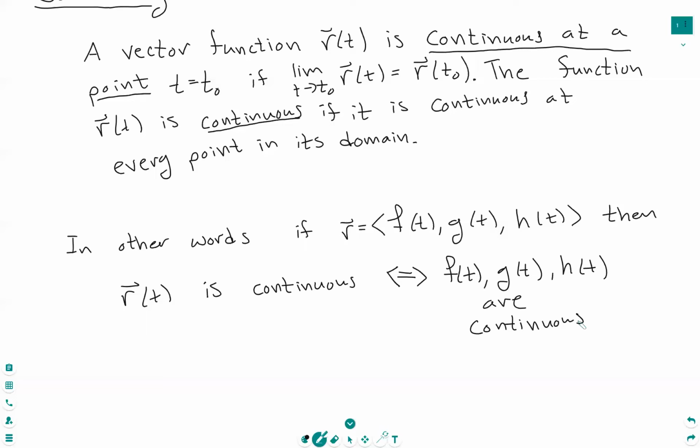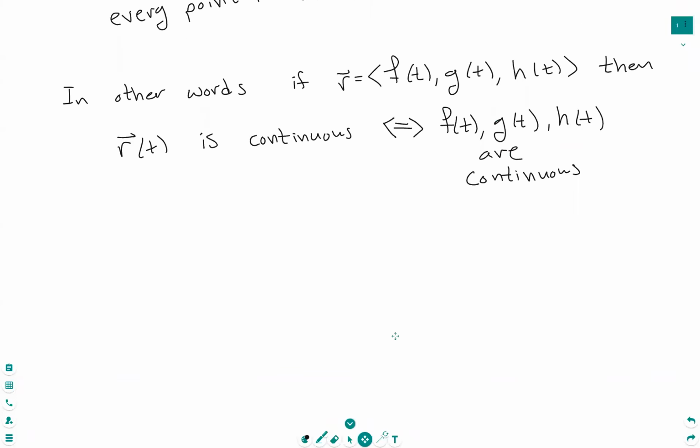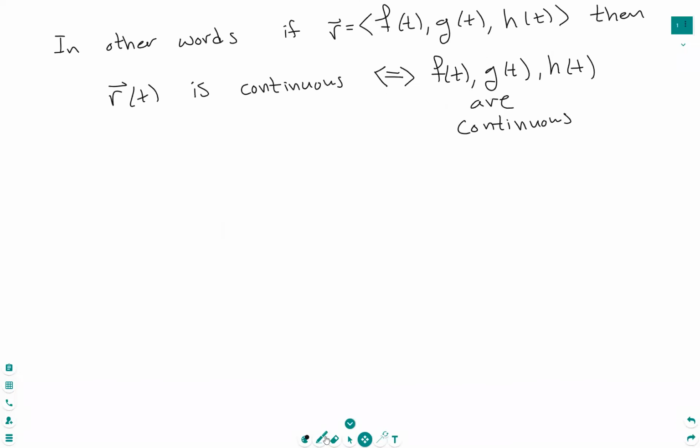So if you can write f, g, and h as these continuous functions, then we know that the vector function should be continuous as well. That stems from the fact that if these functions are continuous, they certainly are continuous at every single point, which means our r function is a continuous vector function. So this is the layman's terms, bringing us up to speed from our Calc 1 continuity definition. Okay. And now with that, let's talk about some derivatives.